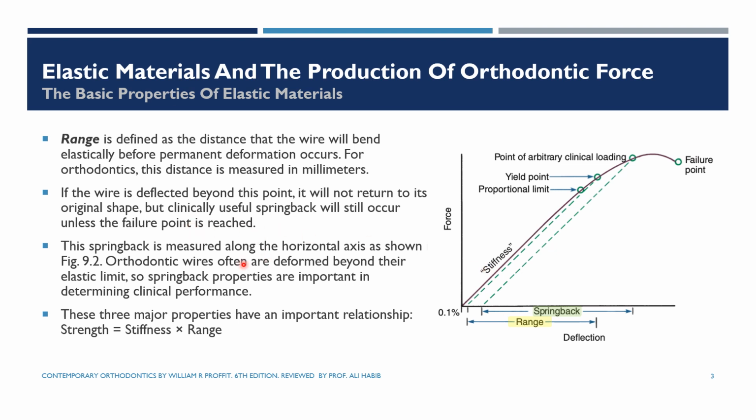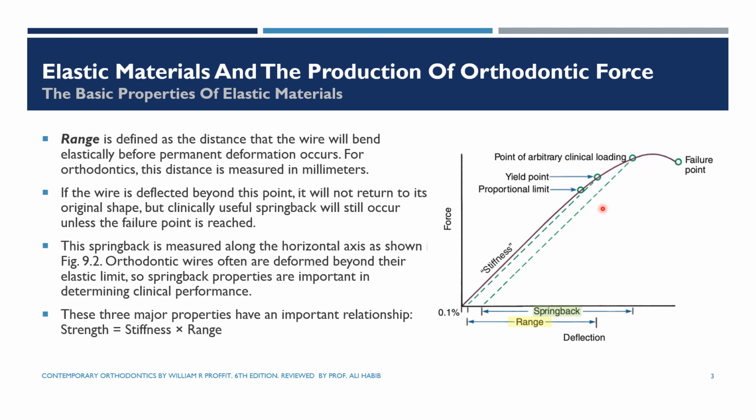On the other hand, spring back: if the wire bends permanently, its usefulness and its work clinically is represented by the spring back. So the spring back represents the distance along the horizontal axis after permanent deformation, when the wire bends beyond permanent deformation.